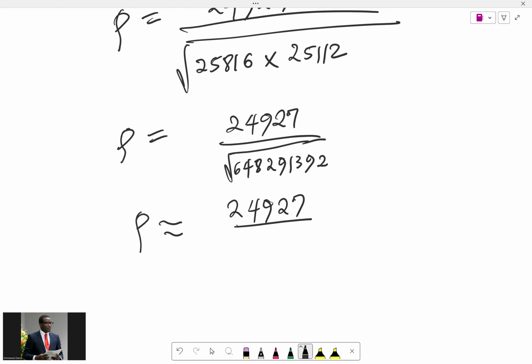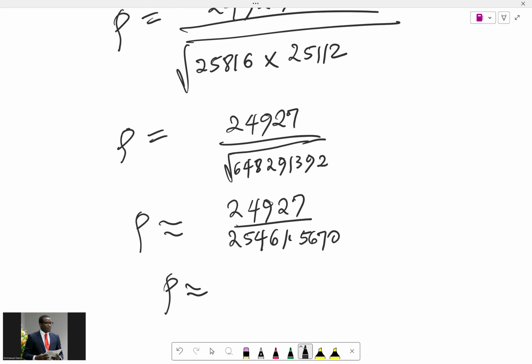So that'll be approximately 25461.5670. So the Pearson correlation coefficient is approximately 24927 divided by 25461.5670.